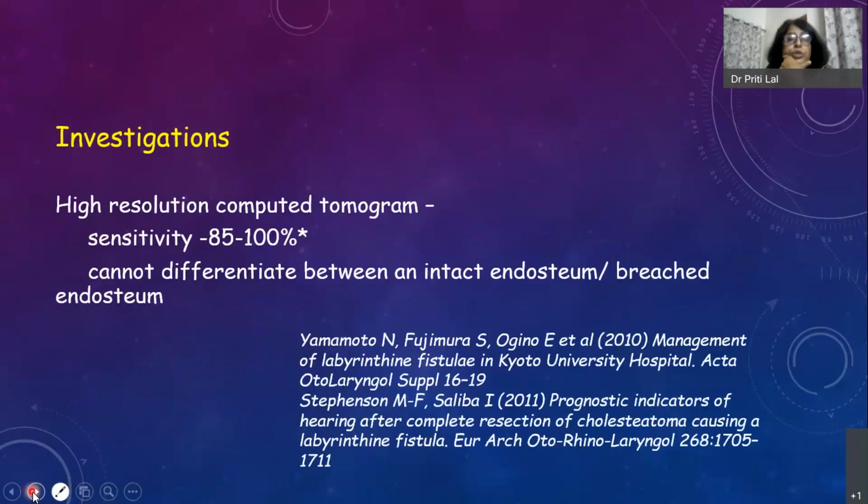The high-resolution computed tomogram of the temporal bones is very useful in diagnosing these fistulas preoperatively with a sensitivity of 85 to 100%. The only problem is that the CT cannot differentiate between an intact endosteum or a breached endosteum.